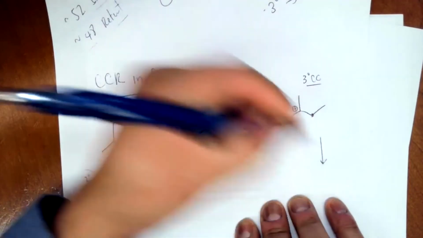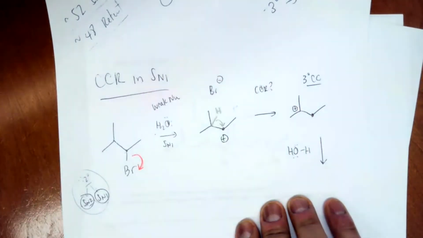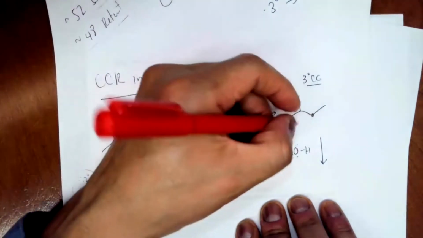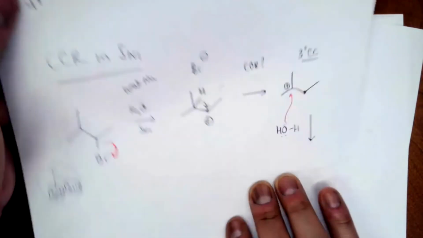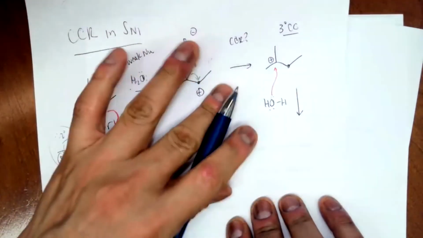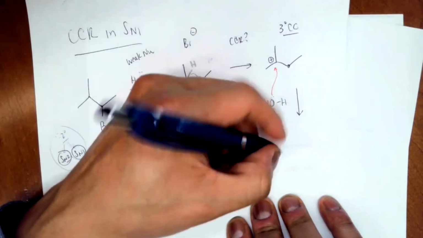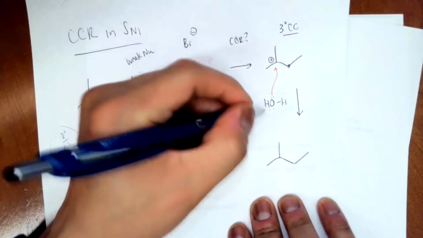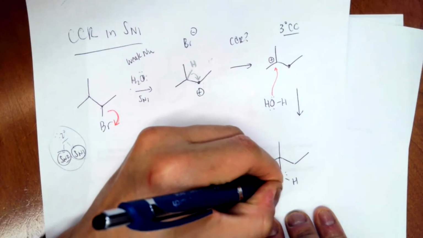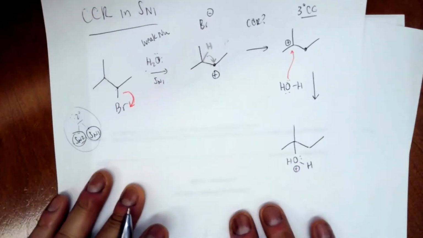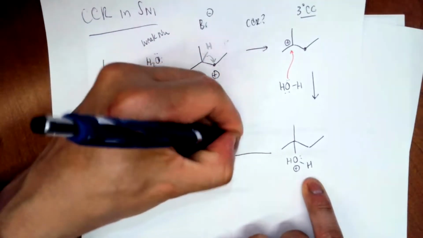Now, can I do the nucleophilic attack? Yes, now you can do it. So the water attacks the carbocation. In this case, my carbocation is not prochiral, right? It has 2 methyls. Water still has the H, so I have to use somebody to steal that H. Who is going to be that?